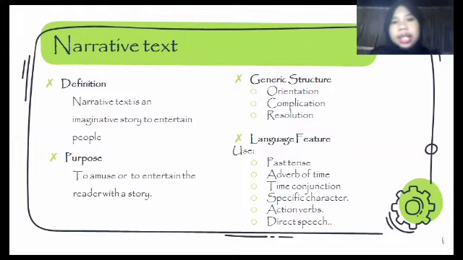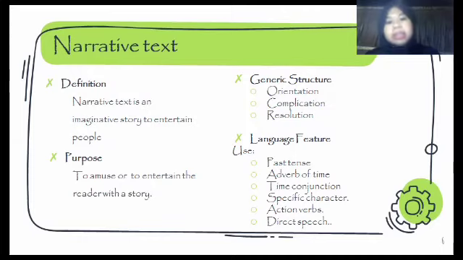Next, generic structure. There is orientation. The orientation is the opening paragraph where the characters of the story are introduced, like who they are, who is he, where they live, and something like that.